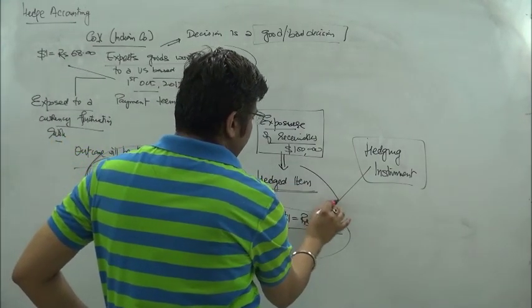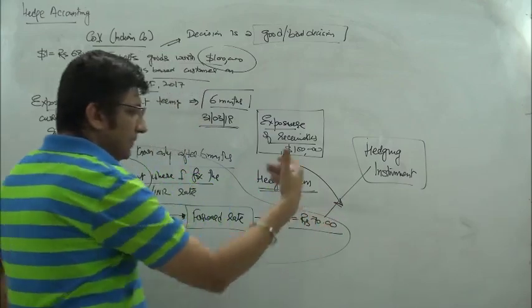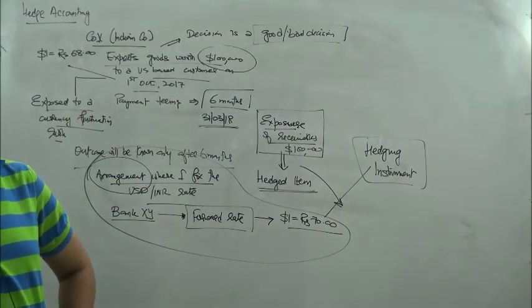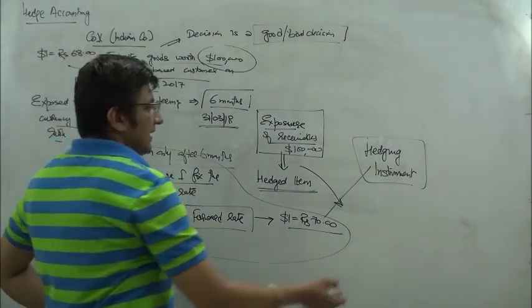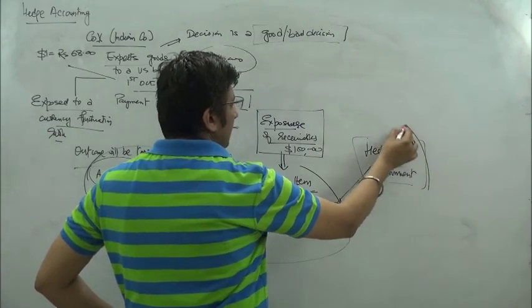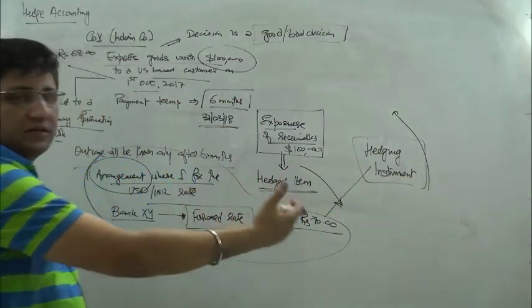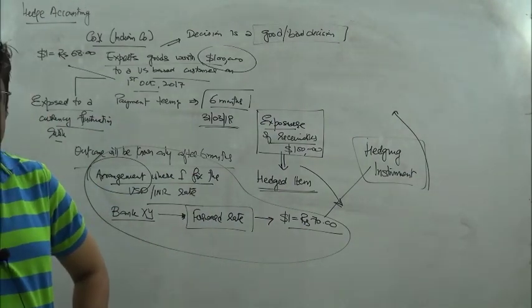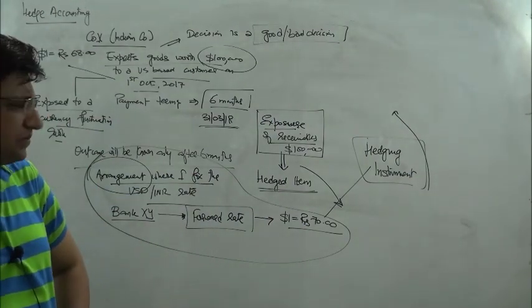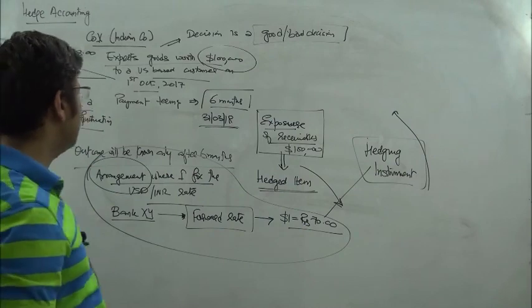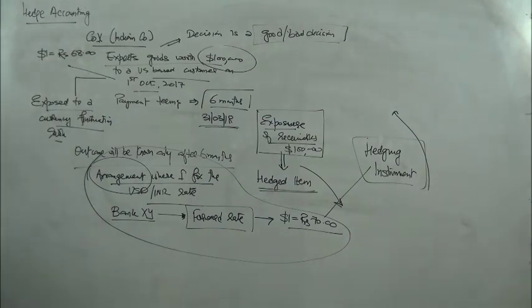Yeah. So when I have these two things coming in, it can very well happen that the value of my hedged item is becoming low. Of course, the hedging instrument's value will become higher and try to protect me against that risk. Okay, we'll just try to spend some time understanding this piece specifically.